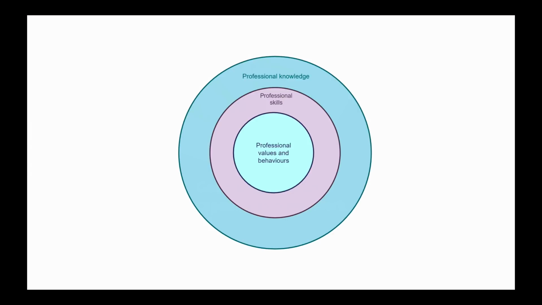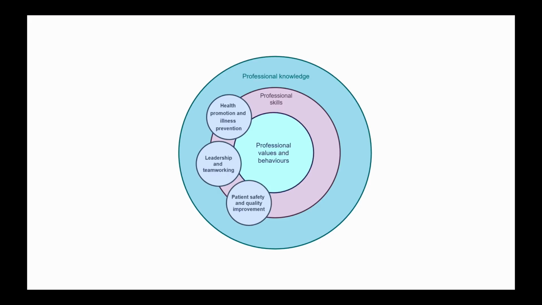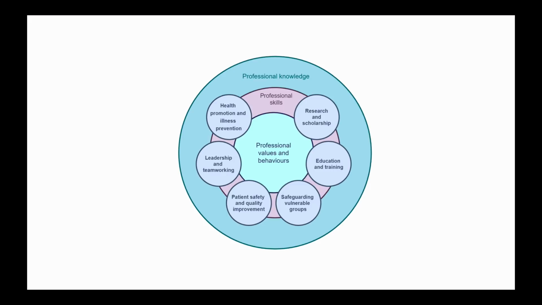There are also 6 other themed domains: capabilities in healthcare promotion and illness prevention, capabilities in leadership and team working, capabilities in patient safety and quality improvement, capabilities in safeguarding vulnerable groups, capabilities in education and training, and finally, capabilities in research and scholarship.